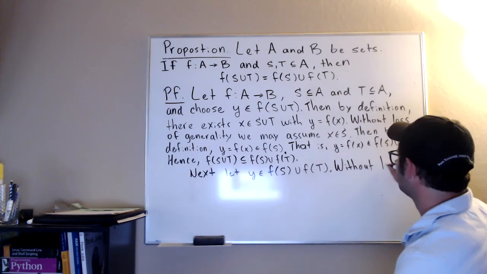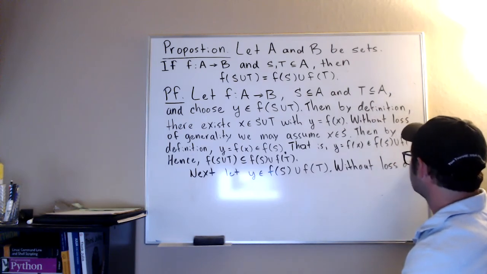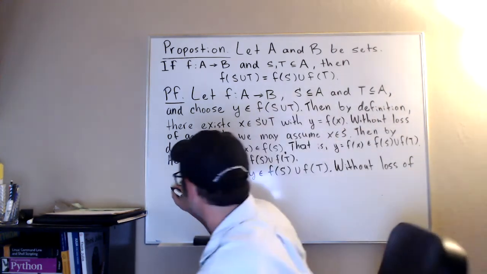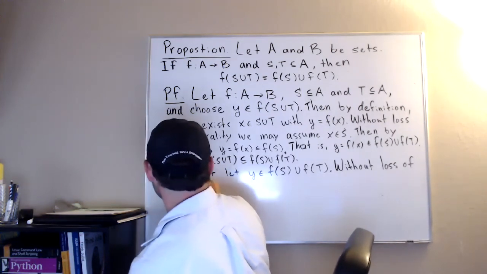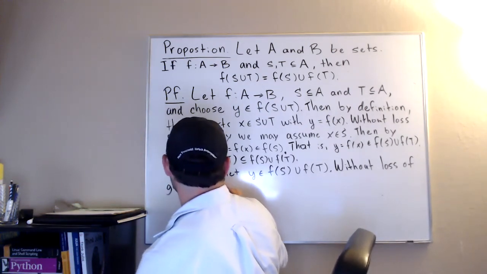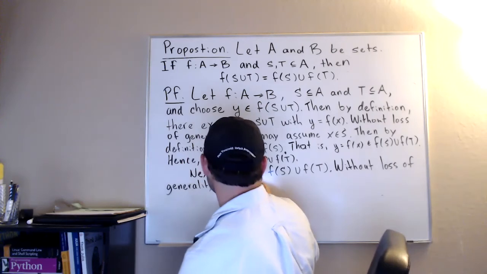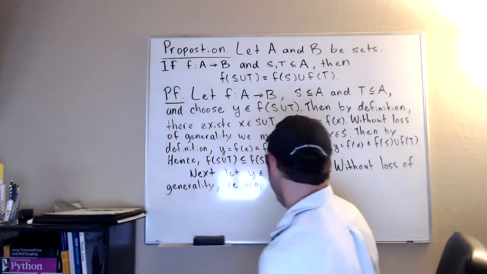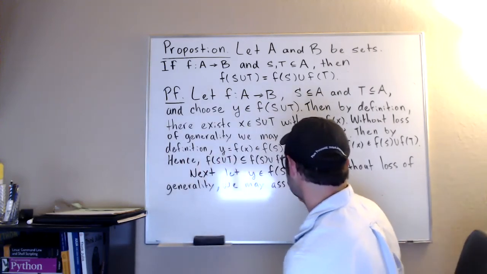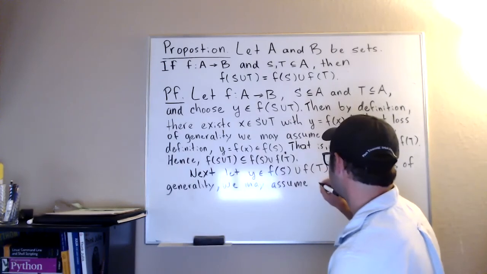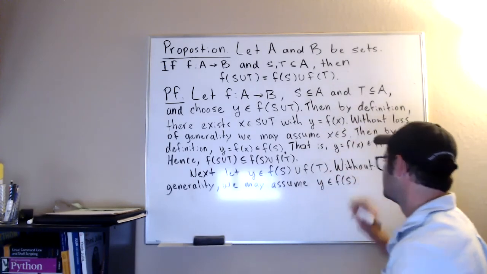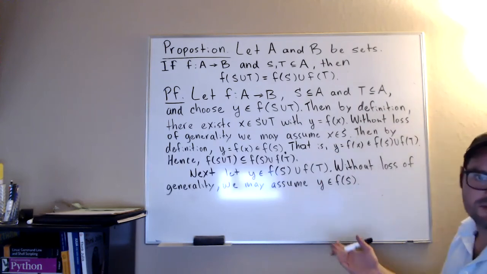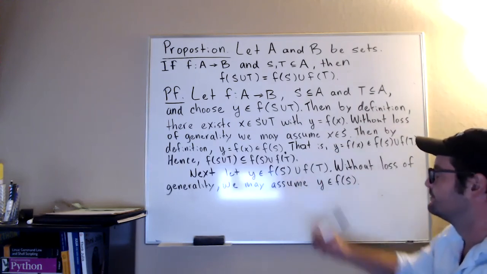Without loss of generality, we may assume y is an element of f of x. It's got to be in one of them. We don't know which one. Just assume it's in that one.